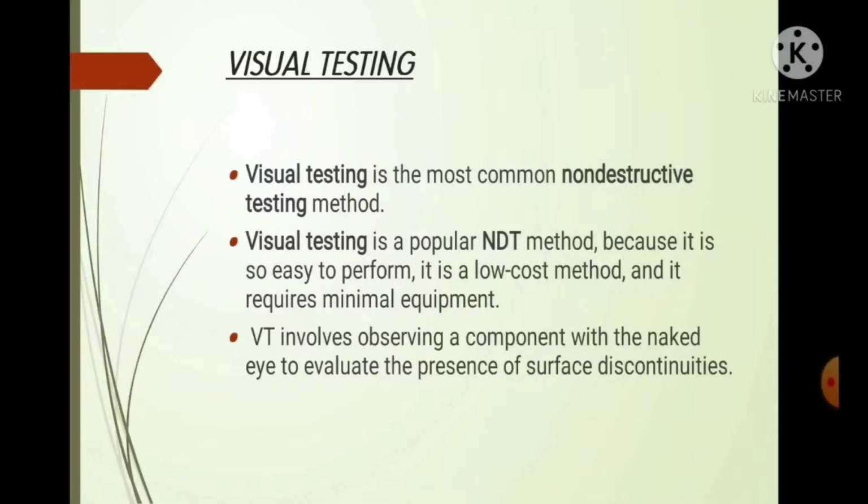Visual testing can be done by looking at a test piece directly or by using optical instruments such as a magnifying glass, mirror, borescope or computer assisted viewing system. VT can be applied to inspect castings, forgings, machine components and welds, and it is used in all branches of industry.